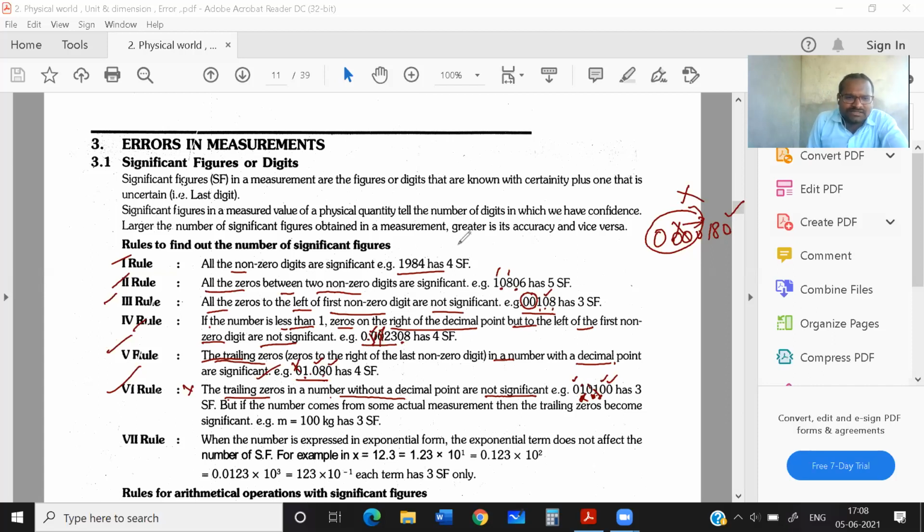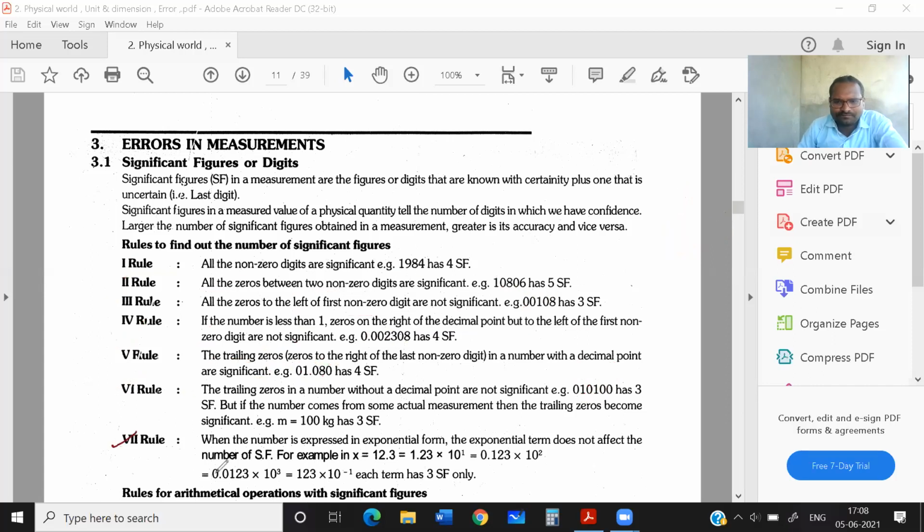Next, rule 7. When a number is expressed in exponential form, the exponential term does not affect the number of significant figures. For example, if we take 12.3, how many significant figures are there? 3.